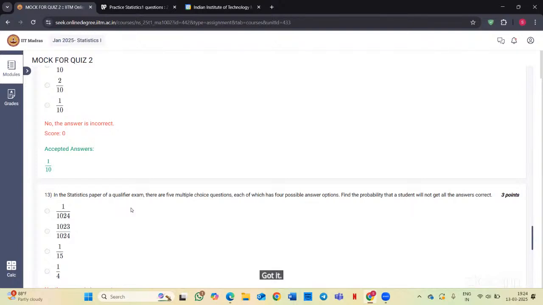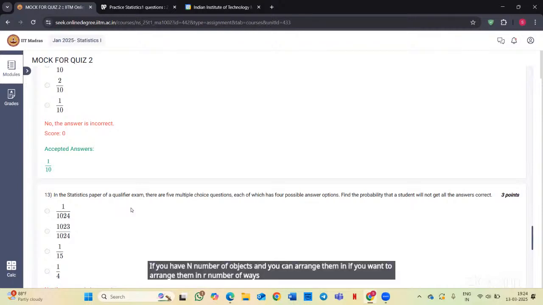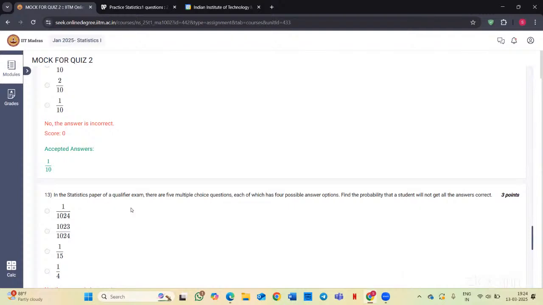Not that much. If you have n number of objects and you want to arrange them in r number of ways, then it will be n to the power r. I think it depends on what question they have asked, because I had a similar doubt.